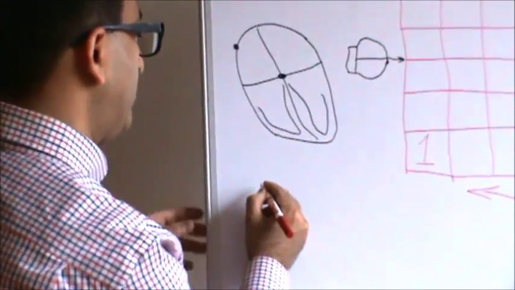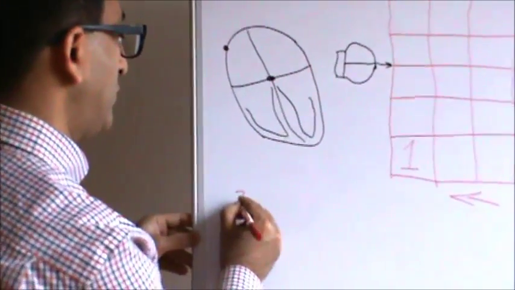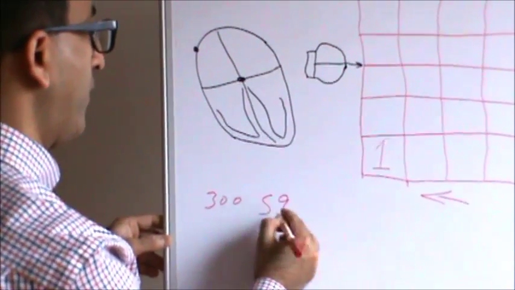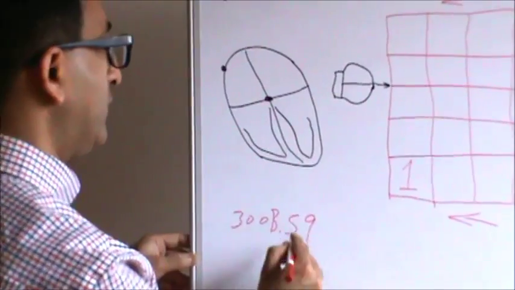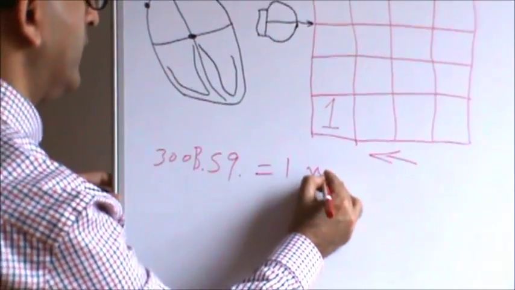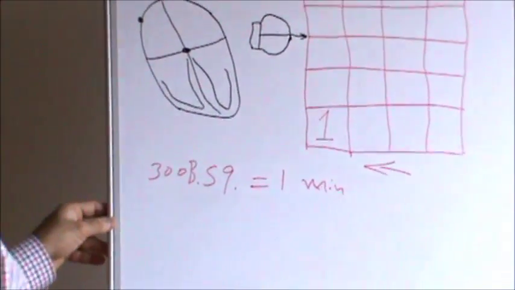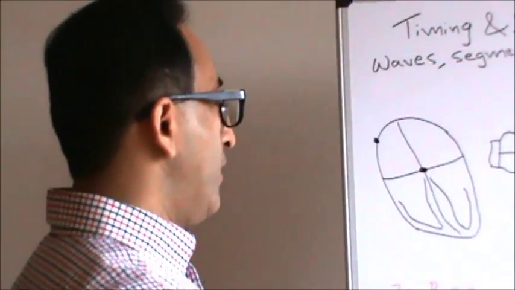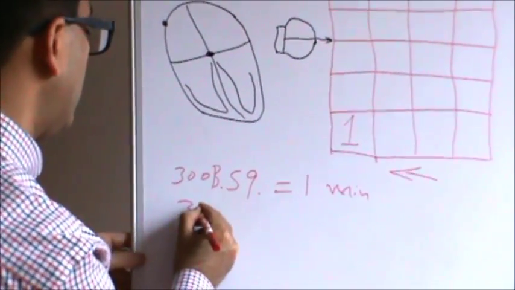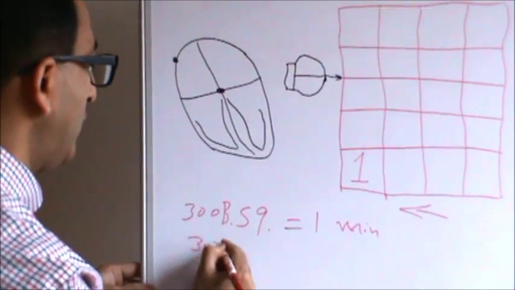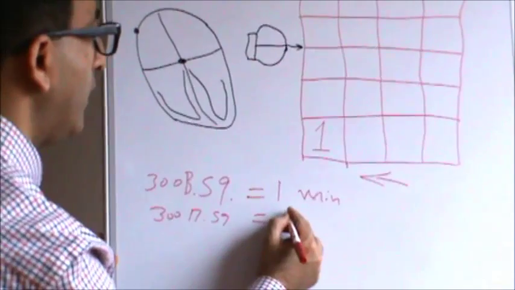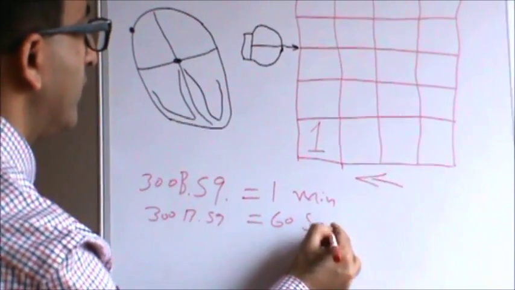We can say that 300 big squares equal 1 minute, or we can say that 300 big squares equal 60 seconds.